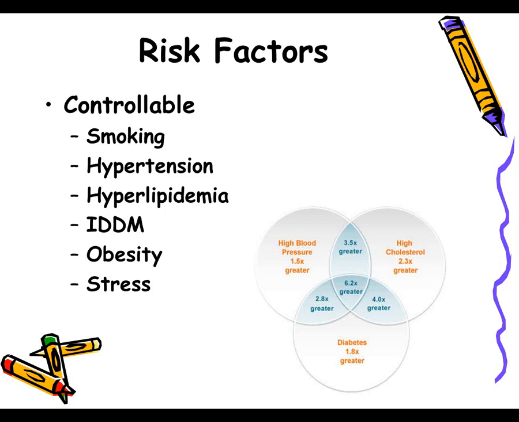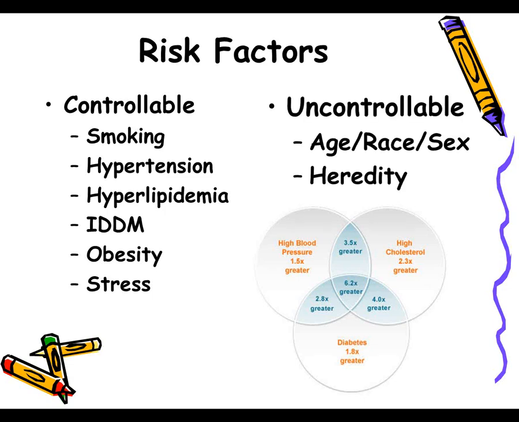If you have hypertension, high cholesterol, if you're diabetic, obese, or under stress, all these things we can control. We can stop smoking. We can lower our blood pressure, lower our cholesterol, manage our diabetes, lose weight, and try to relieve the stress in our life in a positive manner.